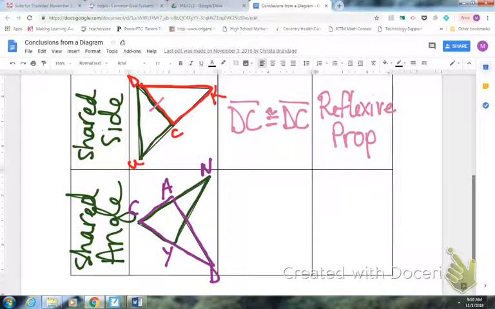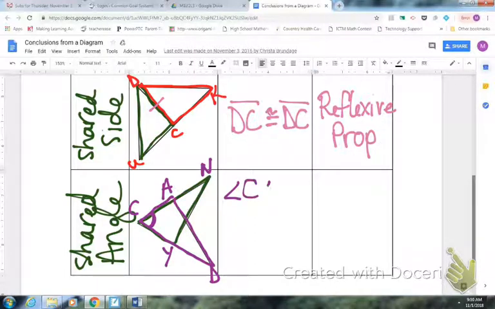Candy. So if I'm talking about the shared angle in both triangles, if I'm looking at both the green and the purple triangle, it is this angle here at C. That angle there at C is in both triangles. That's something that we've talked about. I talked to some students about it when I was walking around the room. If they share an angle, you can say it's congruent to itself. There are different ways you can name this.